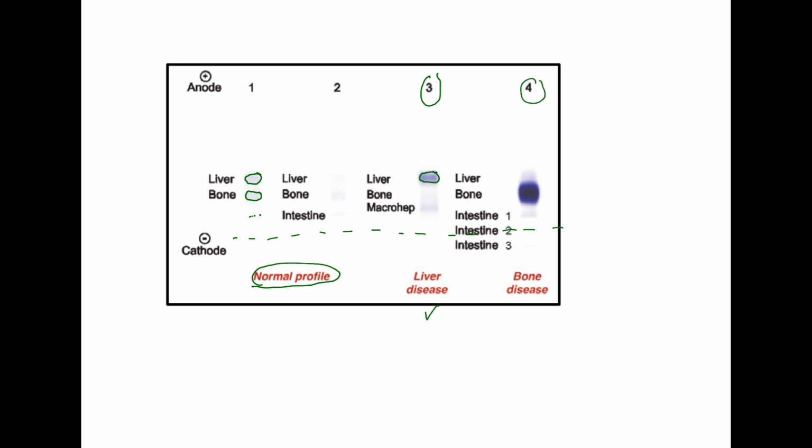And in this person here, you see a very strong band that is migrating similar to the bone. So this clearly shows that some cells in the bone are being damaged or destroyed, dying, and they're releasing the alkaline phosphatase into the serum, into the blood. That explains this very strong band here.